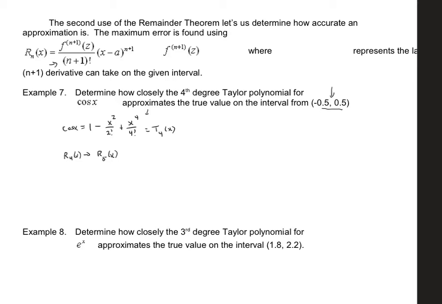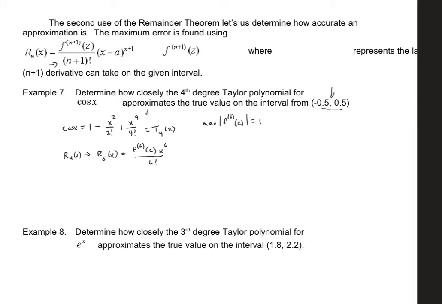So if we take advantage of that, then our R sub 5 of x is going to be the 6th derivative at some unknown number times x to the 6th over 6 factorial. Hopefully that makes sense. Now, as we've argued before, the largest that the absolute value of the 6th derivative of cosine can be at any value is 1.